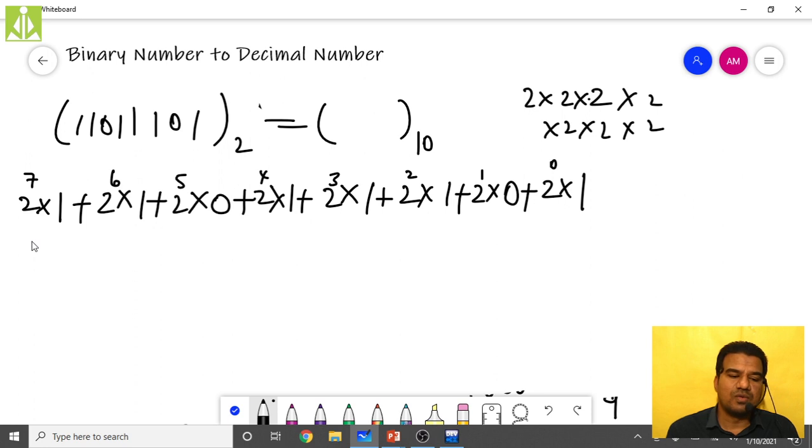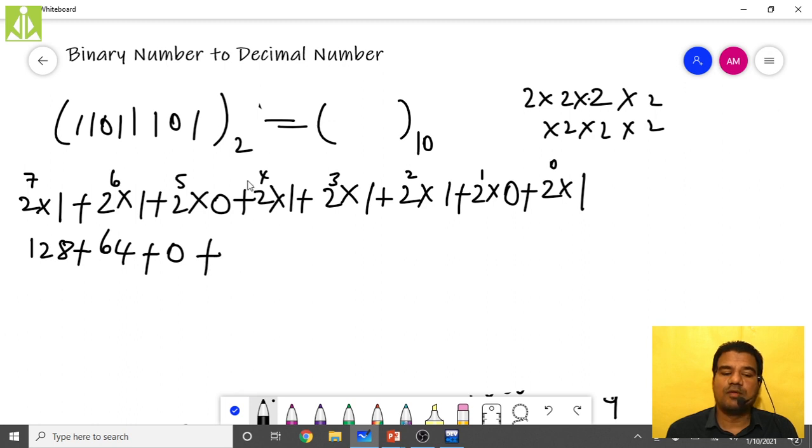So 128 multiplied with 1, 128 only. Then 2 power 6 is 64, multiplied with 1, 64 only. Plus 2 power 5 is 32, multiplied with 0, it will be 0.